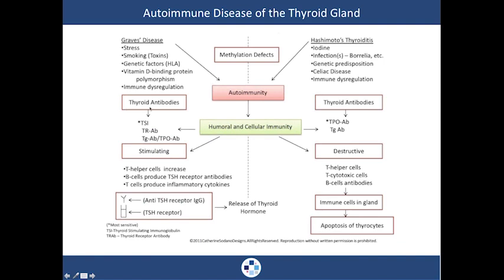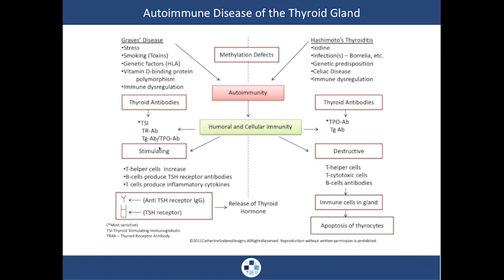These are the particular antibodies you'll be looking for in Graves' disease. Certainly, thyroglobulin antibody, TSI, that's thyroid stimulating immunoglobulin, will be up. This is one of stimulating. What happens is that the receptors go to the thyroid gland and it starts making more thyroid hormone, which is why you get hyperthyroidism.